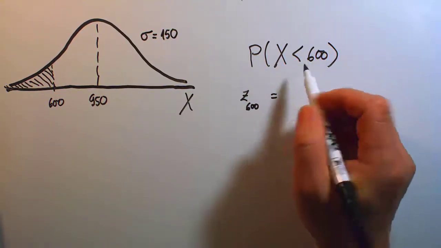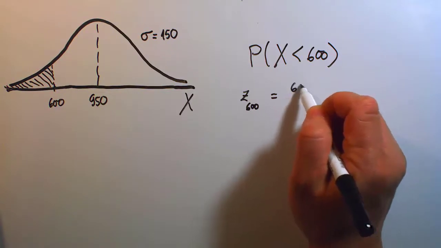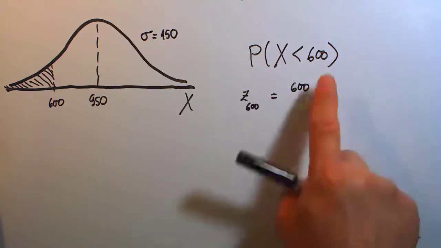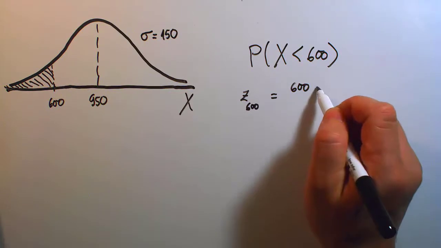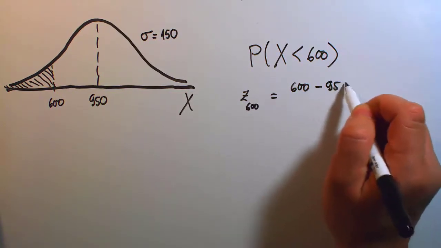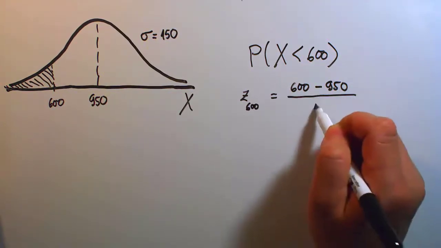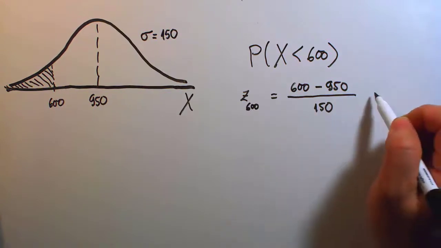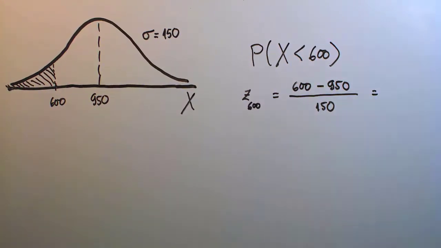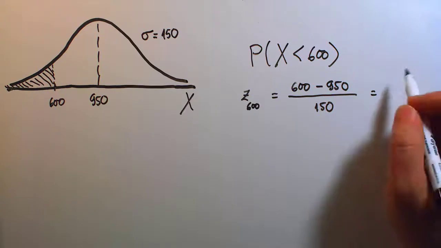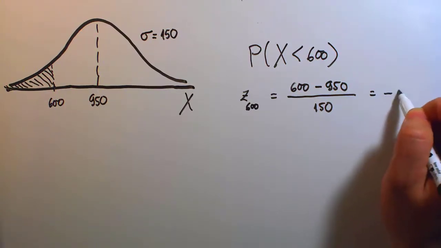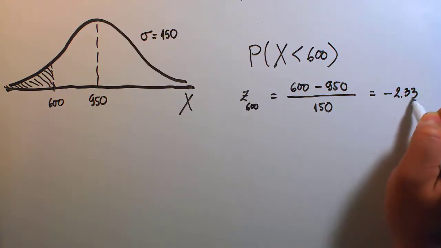So here the math for finding z-score 600: the value that we're looking at minus 950 and divided by 150. Calculation comes out to be, and usually rounded to 2 decimals, minus 2.33.